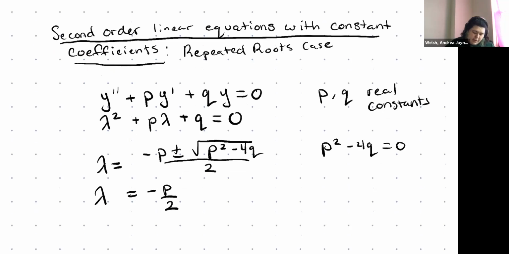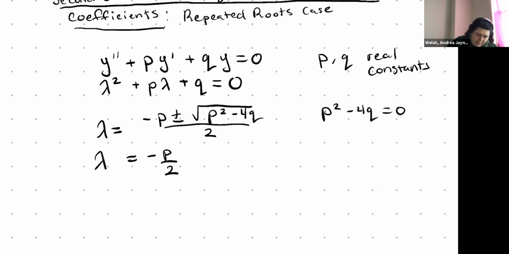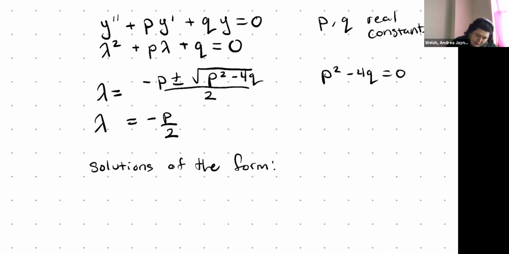So we saw that we end up having solutions of the form y of t equals some constant e to the minus pt over 2 plus t with some other constant.